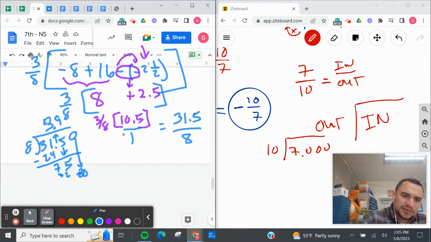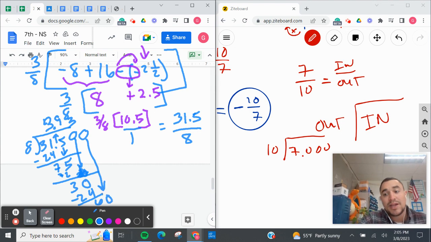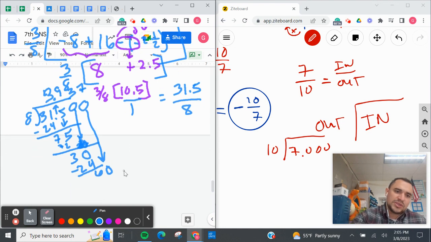So 3. Bring down the 0. 8 into 30, 3 times, which is 24. And then we have a 6. Bring down another 0. You might have a calculator, you might not. 8 into 60, that goes into 7 times. And so 7 times is 56, which is a 4.